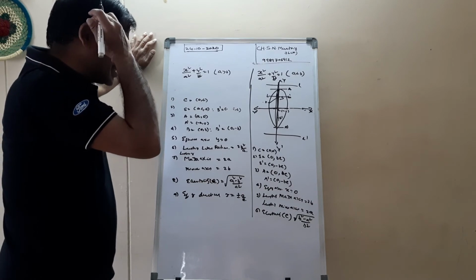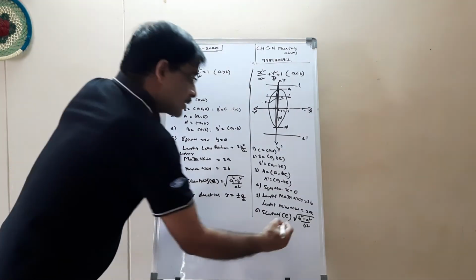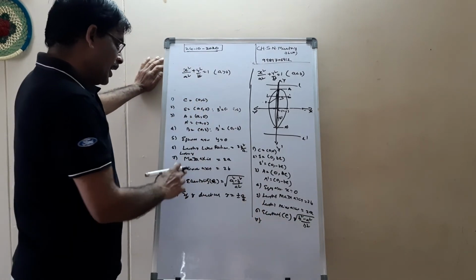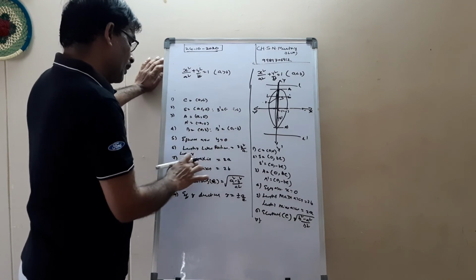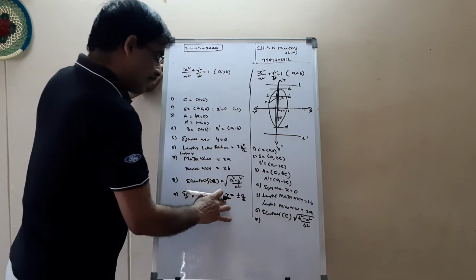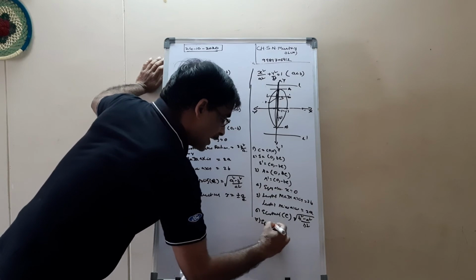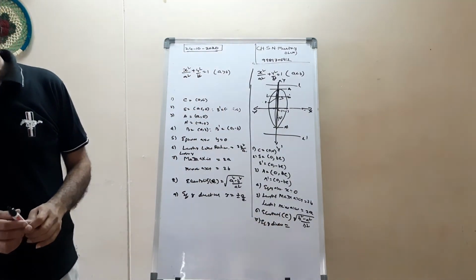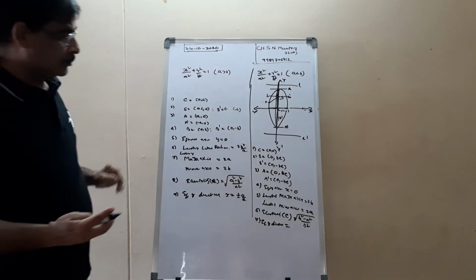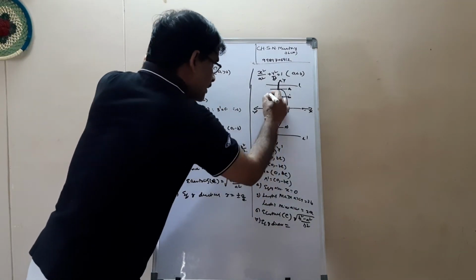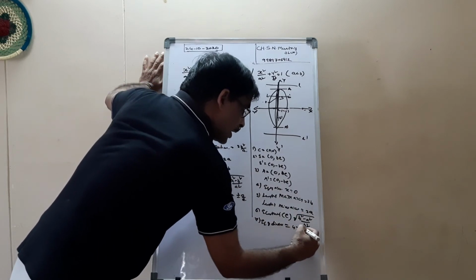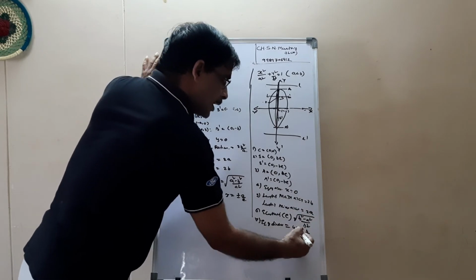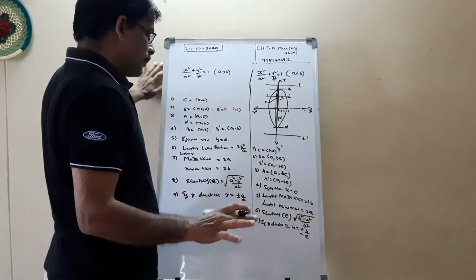Here the eccentricity is equal to under root of b square minus a square by b square. Next, the equation of the directrix. See, y equal to b on one side, on the second side minus b. So y equal to plus or minus b by e.